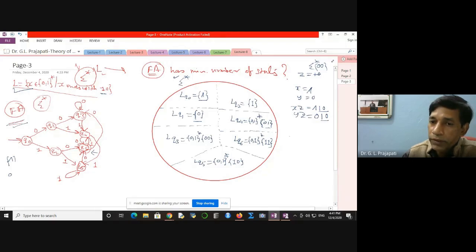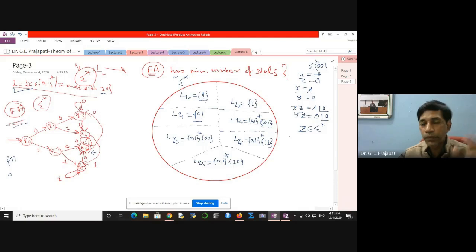If you take z as 0 also, then xz and yz both are not in the language. So you see that for every possible z taken from sigma star, you are not able to distinguish the strings null and 0, hence null and 0 are equivalent.